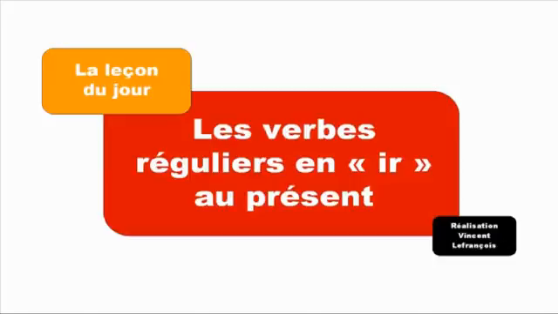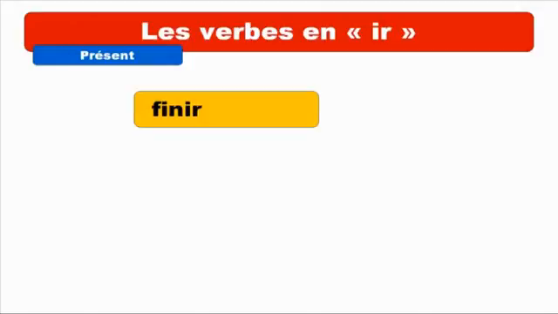Today we will see les verbes réguliers en IR au présent. Okay, so as you probably know, in French we've got three groups of verbs, and les verbes réguliers en IR, so the ones ending with IR, are the second group. So be careful, because it doesn't mean that if a verb is ending with ER, it belongs to this group, because we've got some other verbs ending with IR which belong to the third group, the irregular verbs.